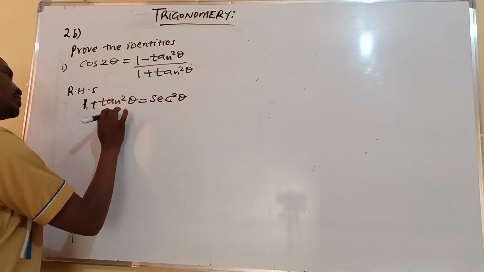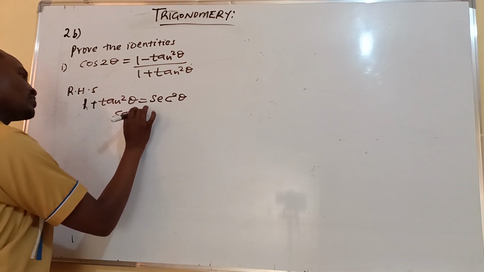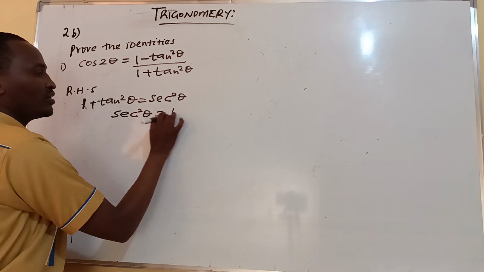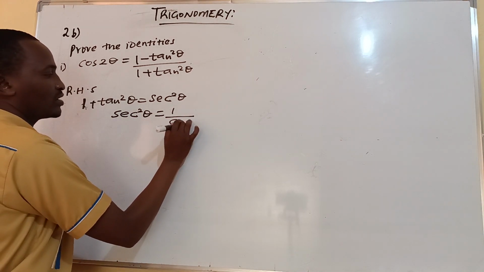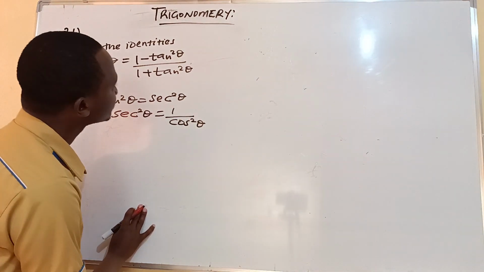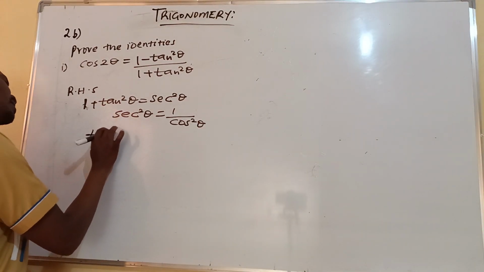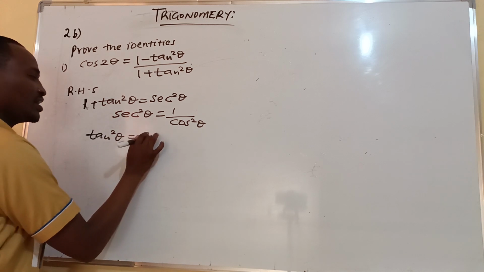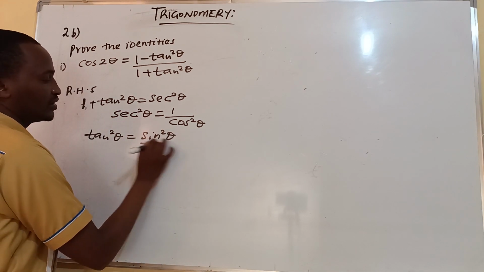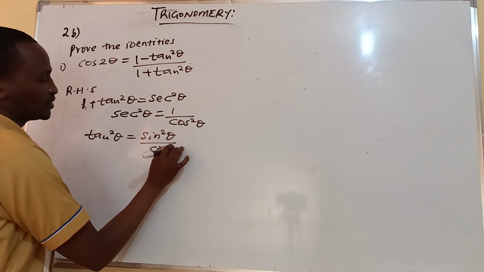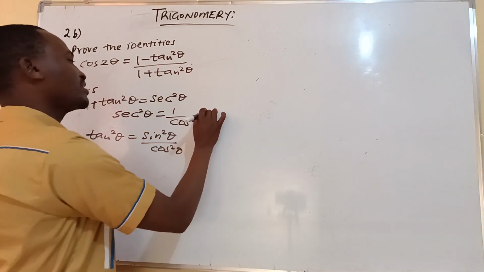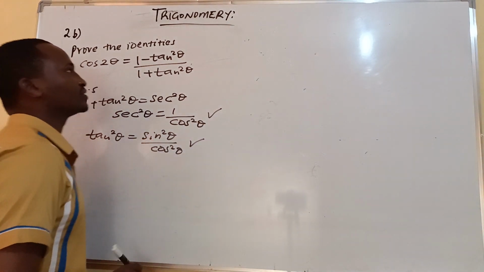And we also know sec squared theta is equal to 1 over cos squared theta. We can also say tan squared theta is equal to sin squared theta over cos squared theta. Let us make this substitution and this substitution.